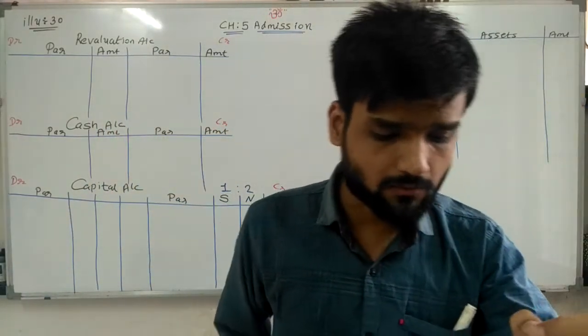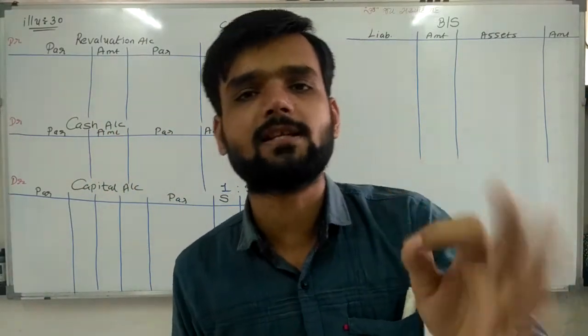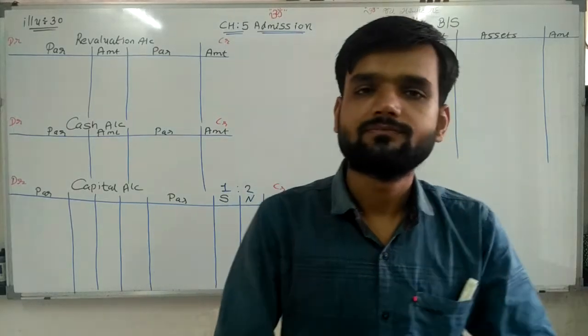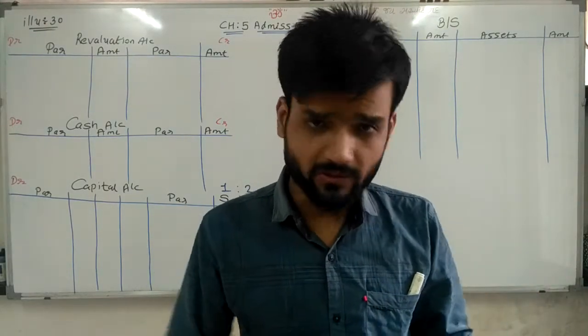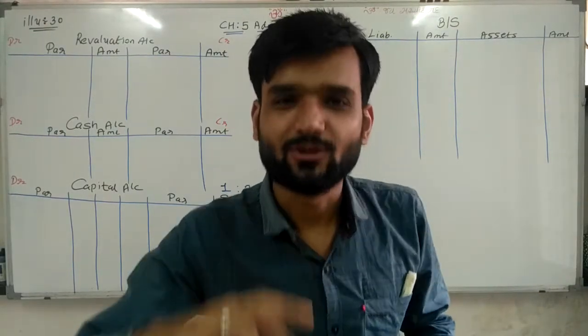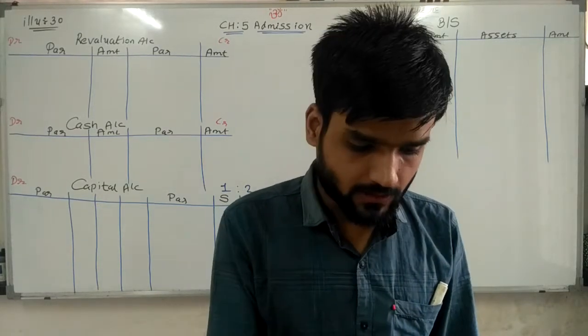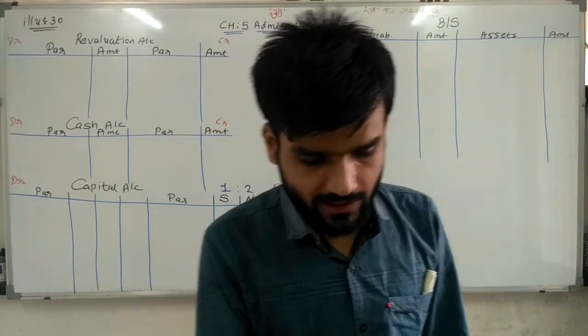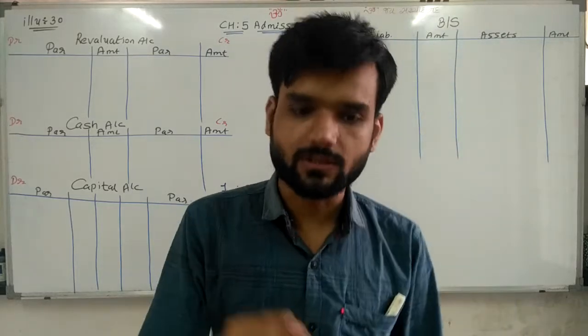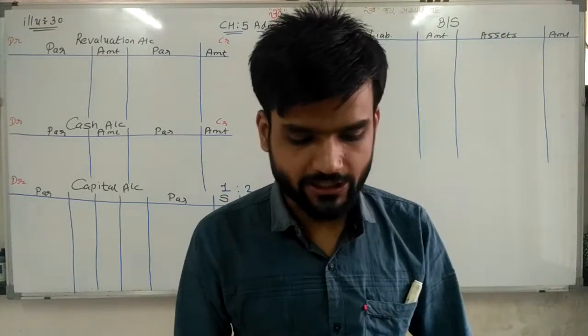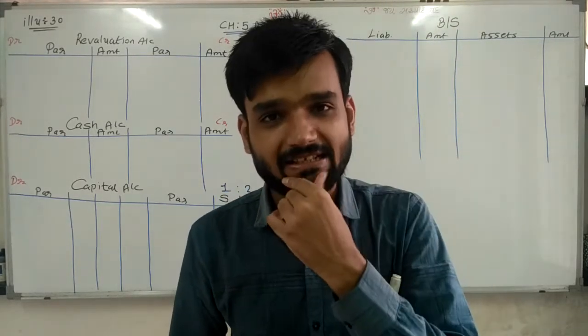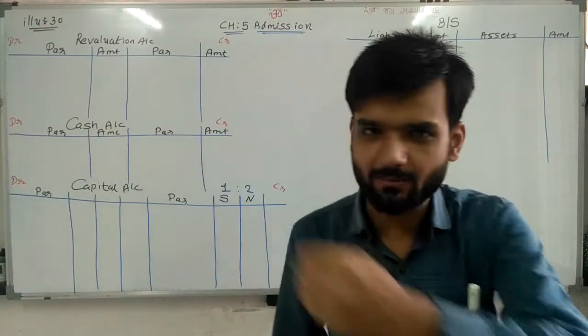Balance sheet of their firm as on 31/3/16 was as under. The balance sheet is also given, but we are not worried about the balance sheet. Going ahead. After the balance sheet, it is written that they admitted Vijay as a new partner as on the above date for the following terms.